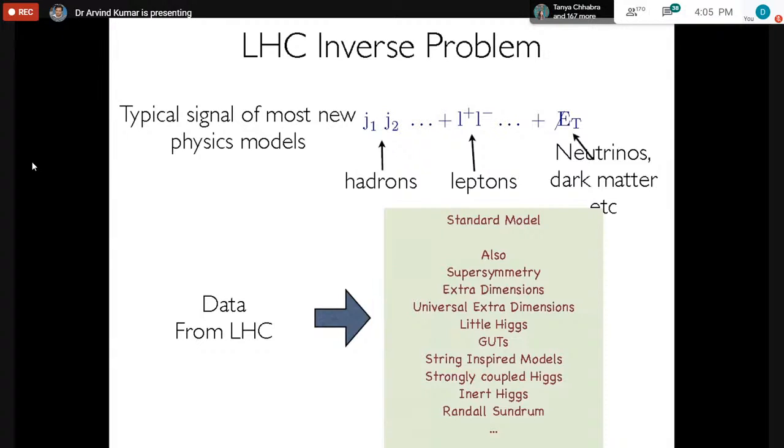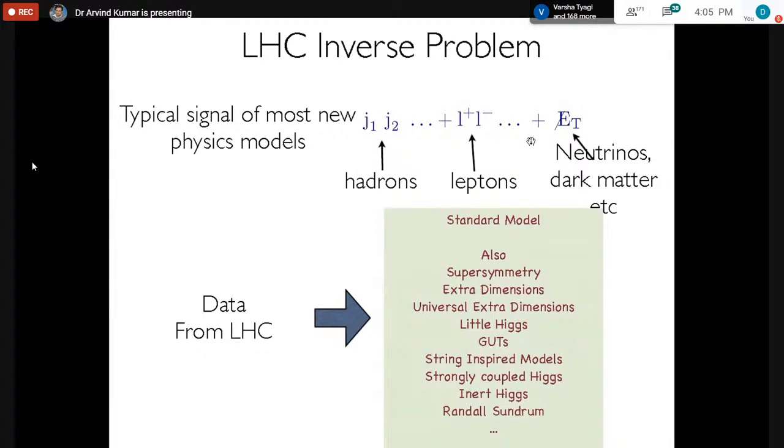Two protons hit, and they give you a bunch of hadrons and leptons, and some missing energy. So at the end of the day, you see some jets, J1, J2, some leptons, L plus and L minus, and some missing energy, E transverse.